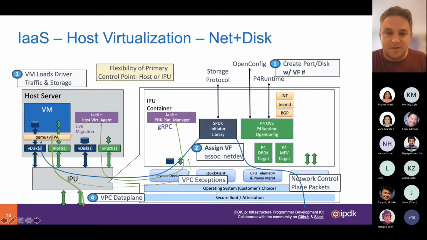You could imagine the control being situated on the host side, where this host virtualization agent sends a message saying I need 5 ports and 7 disks, and the platform manager responds and provides those. Or you could imagine it landing on the IPDK side, or the IPU container side, where it comes in and says, I need to spawn a VM with 5 disks and 7 ports.